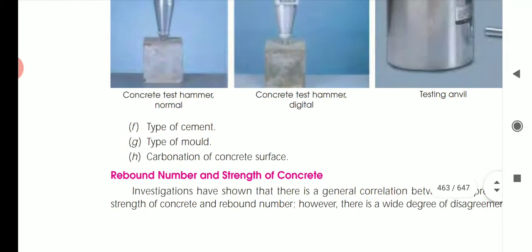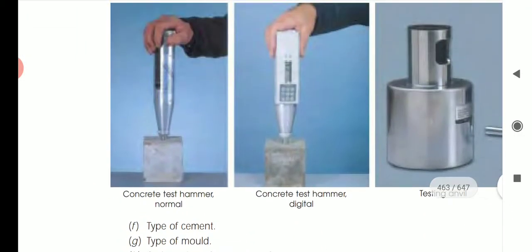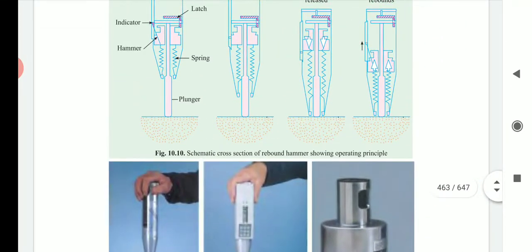How exactly is this? Some concrete cube is kept, and we are going to press that hammer. The plunger is going to move to a certain extent, and after that it is not going to move, it will stop. At the extent where it stops, it measures some number. That number is called the rebound hammer number.